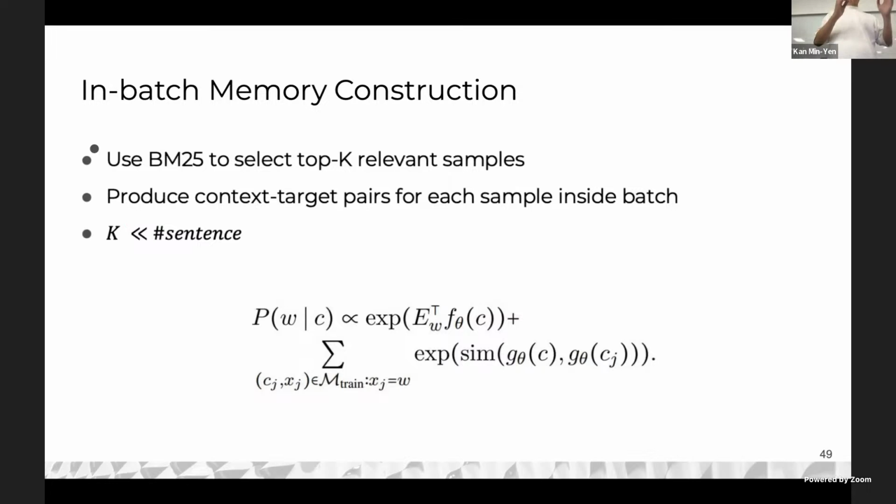So the memory would be reduced extremely. And they use 2 distributions to calculate the training objective. The first term is the original language model distribution, and the other one is the memory distribution inside a batch.